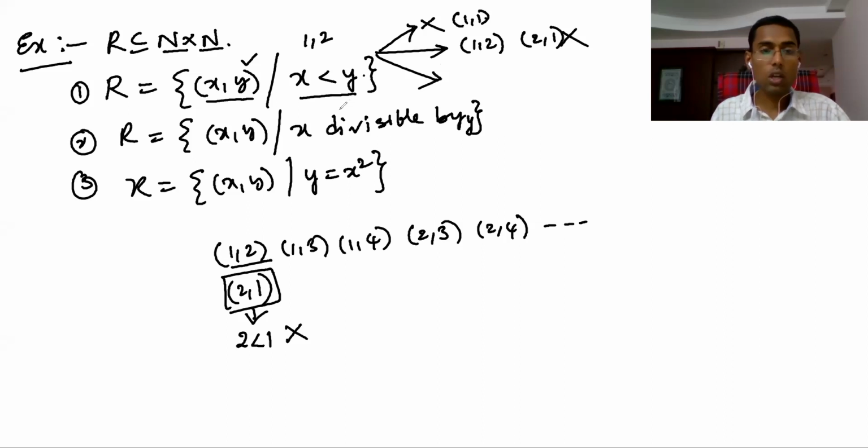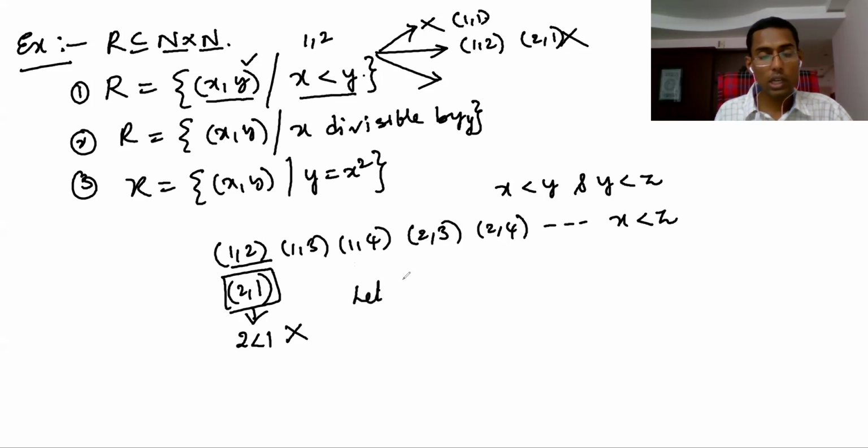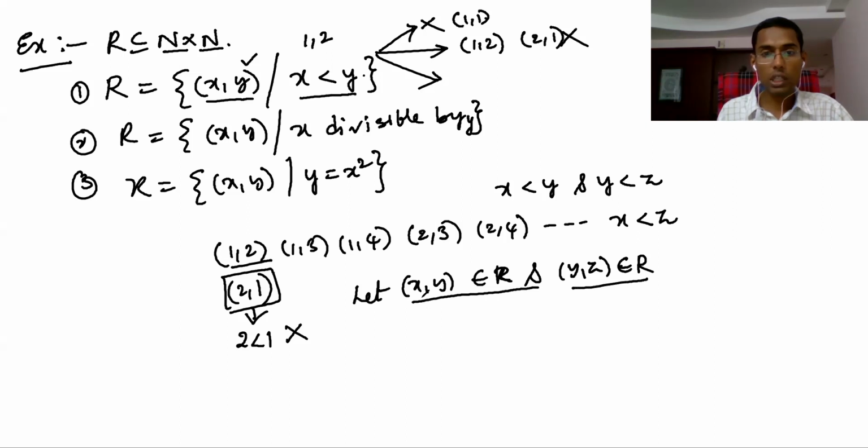It is transitive. Whether it is transitive or not? Yes, transitive. Why is it transitive? x less than y and y less than z, then automatically x becomes less than z. Here you should use the general property to prove it. Let (x, y) belong to R and (y, z) belong to R. Then automatically what will happen?